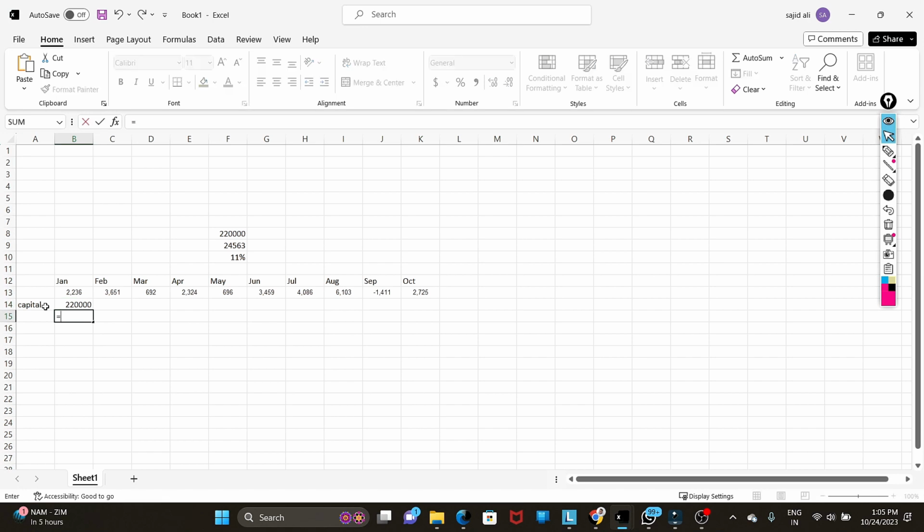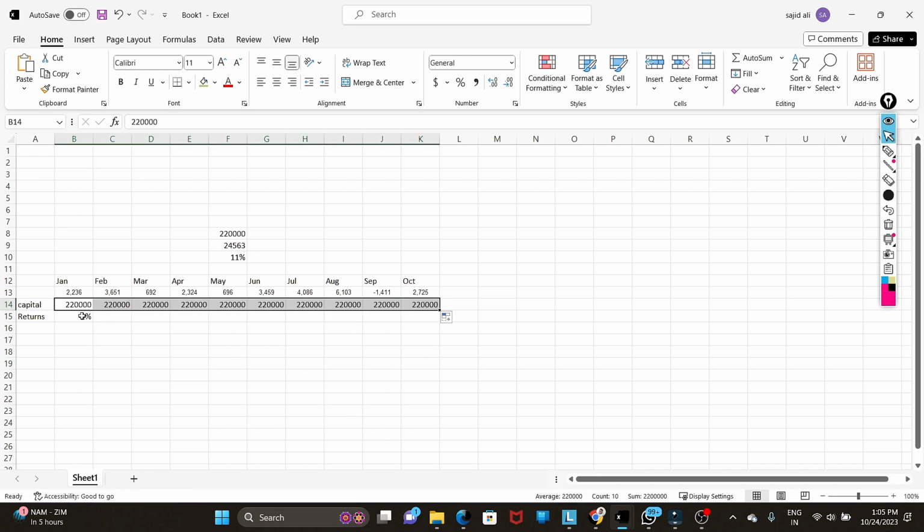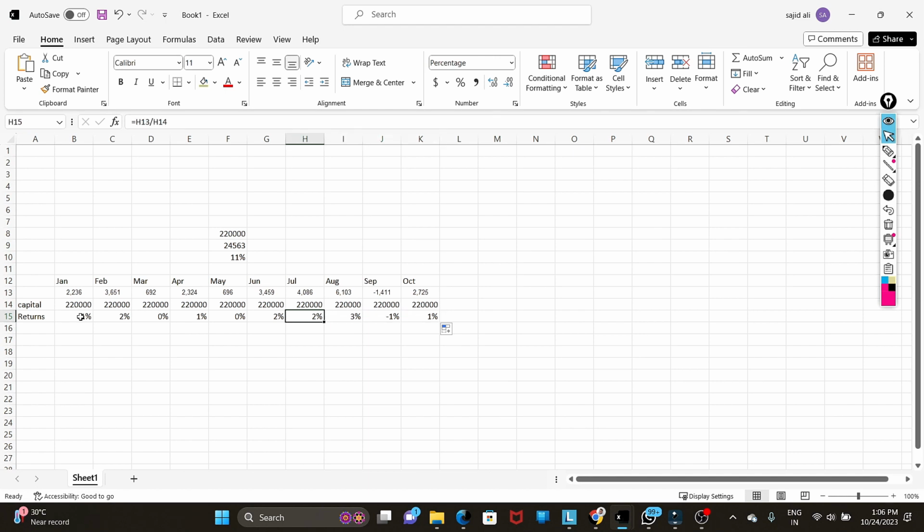Since it's a selling strategy, it is a safer strategy for you. Make a decent return. Okay, so this month you made 1%, 2% in Feb, March 0%, April 1%, May is 0%, June is 2%, July is 2%, August is 3%, minus 1%, and 1%. So isn't it a decent strategy that every month you're making at least 1% on your capital, which is good.